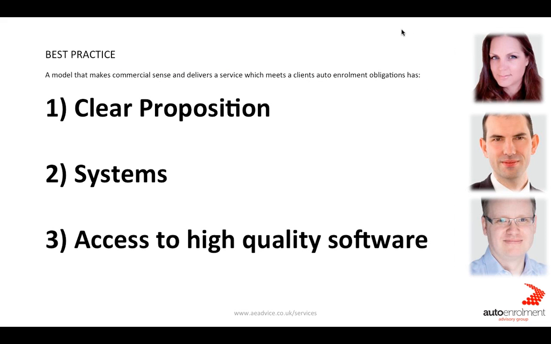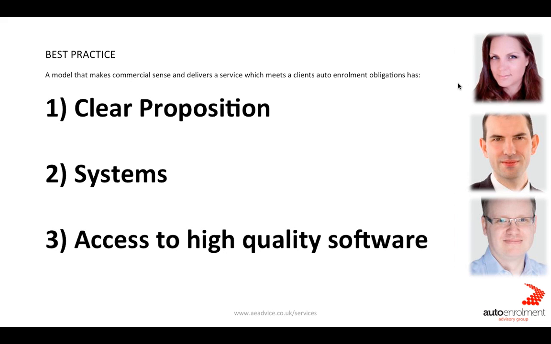With the firms we've worked with, and we've worked with some quite large firms, what we found is that the quality of the data they've got from payroll doesn't do the job for auto enrolment, and we've had to do some changes in their systems to help them do that. But we've learned loads from that, and therefore it's been really useful to do.